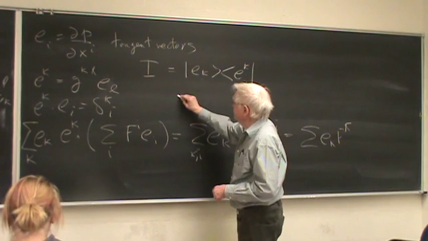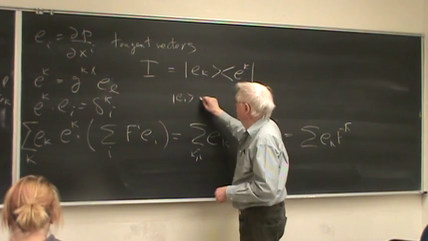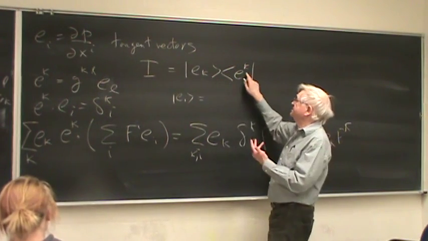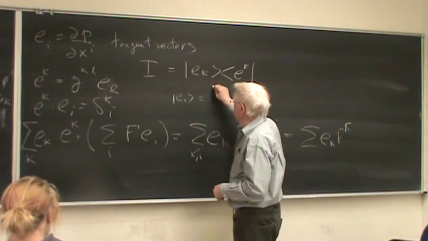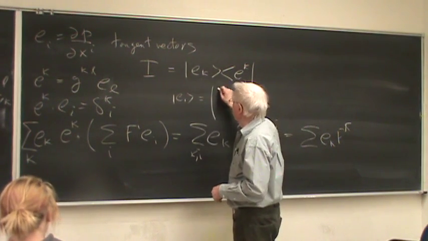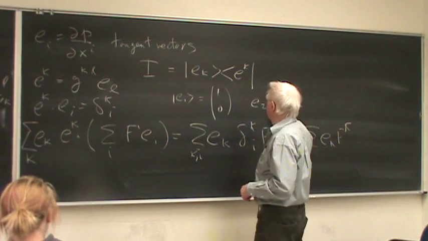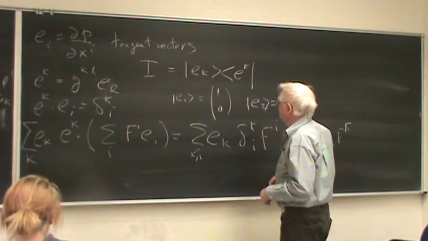Of course, if we're in a Euclidean space, then raising and lowering indices doesn't make any difference. So let's just say E1 is (1, 0) and E2 is (0, 1).